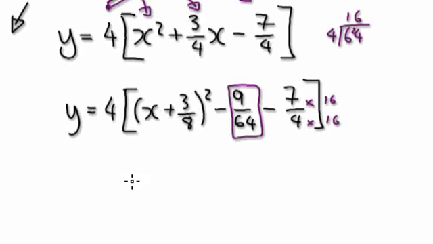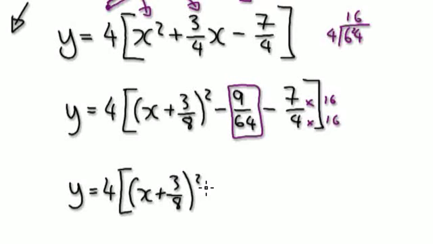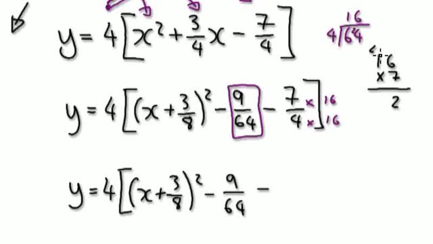So this would be y equals 4 bracket x plus 3 over 8 squared minus 9 over 64, and then minus, well, I've got to get 16 times 7. 16 times 7 would be 112. So it would be 112 over 64.